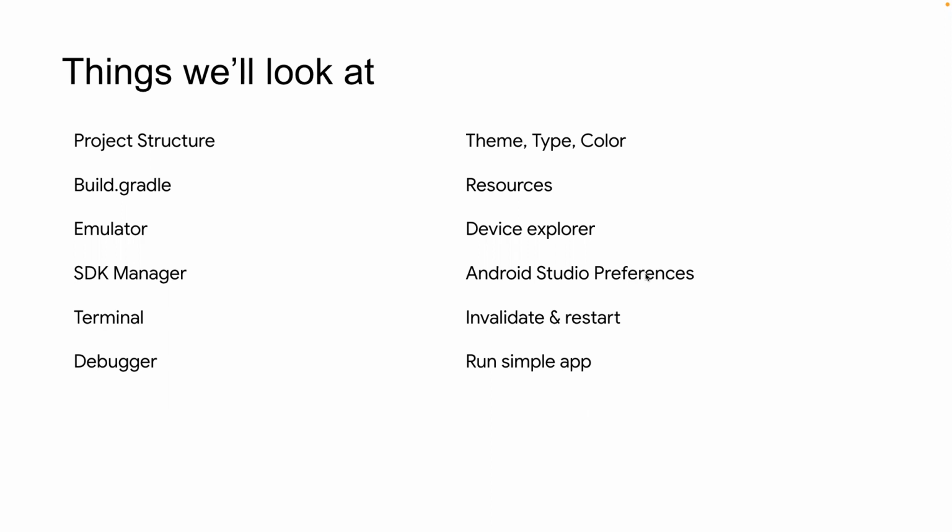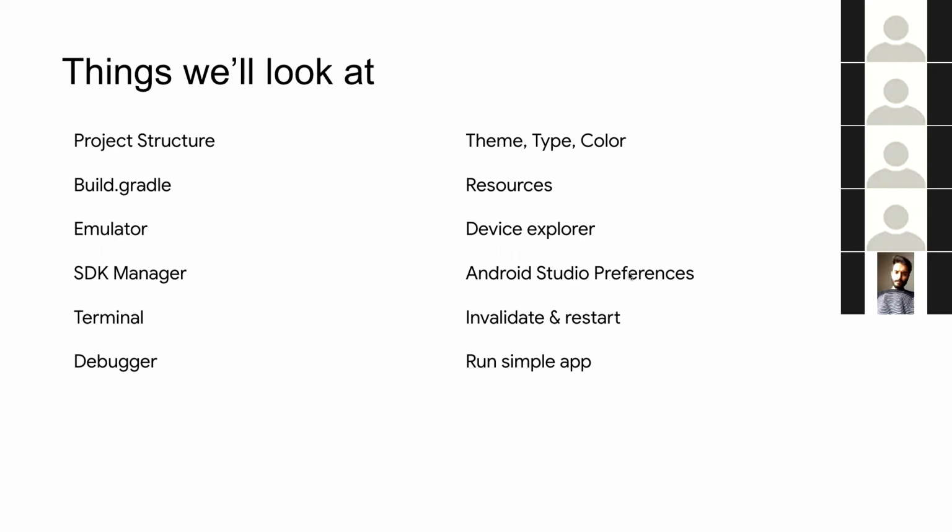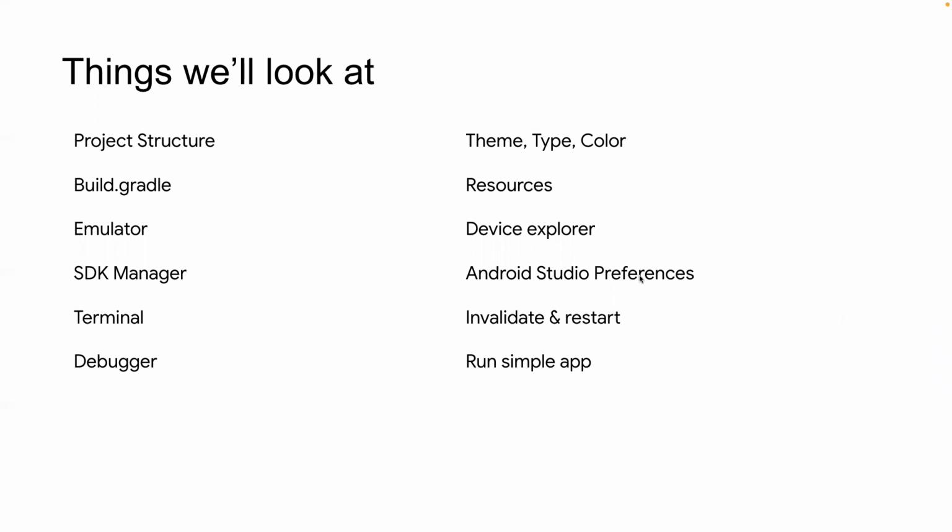The Android Studio preferences. I'm using preferences here because I'm working on a Mac. On Windows, the name is going to be different, but the settings are going to be the same. I do not exactly remember the name for Windows, that's why I left preferences here. And then every Android developer's savior is this guy here, invalidate and restart.